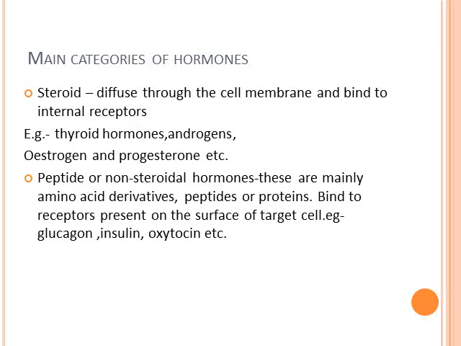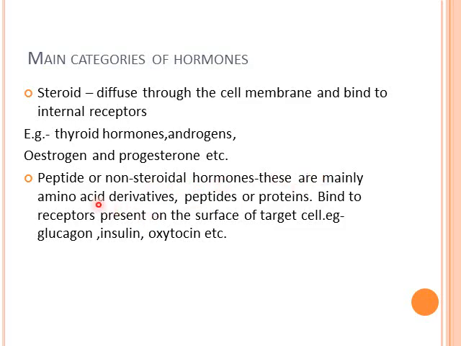Mainly the thyroid hormones and the estrogen and progesterone hormones are steroid hormones. Androgens, thyroid hormones, estrogen, progesterone, etc., are the steroid hormones. And what do the peptide hormones, or non-steroidal hormones, do?